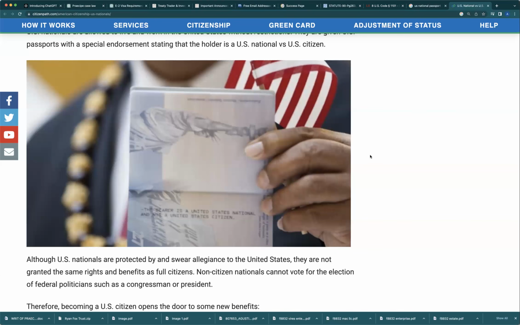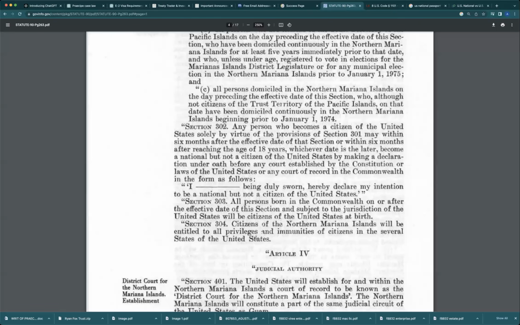Now, going back, section 302 says, any person who becomes a citizen of the United States solely by virtue of the provisions of section 301, they may, within 6 months after the effective date of that section, that means the date of this document.